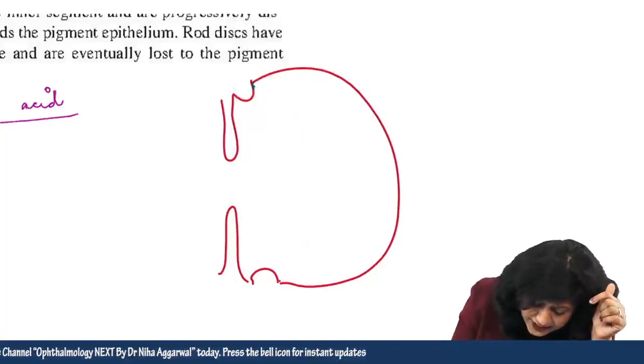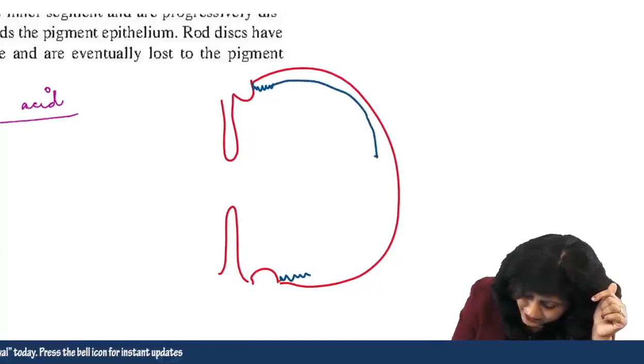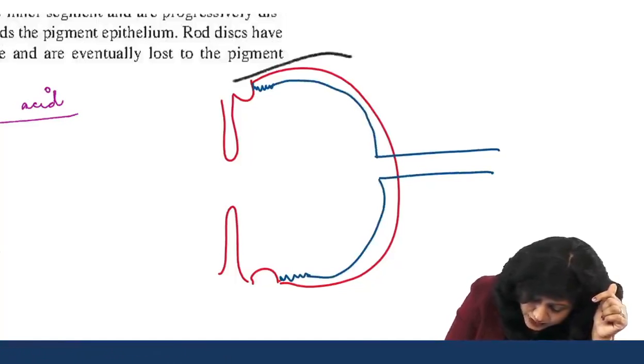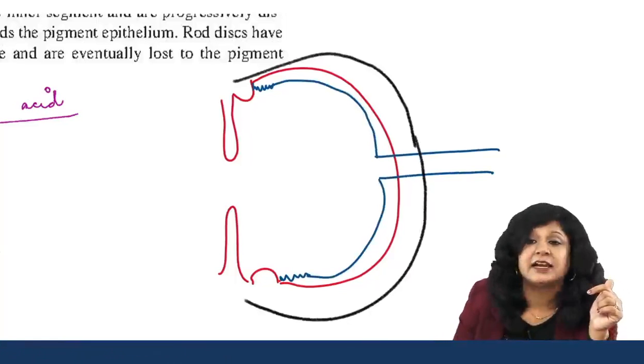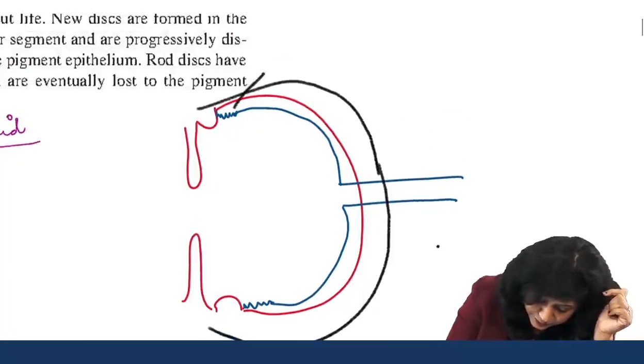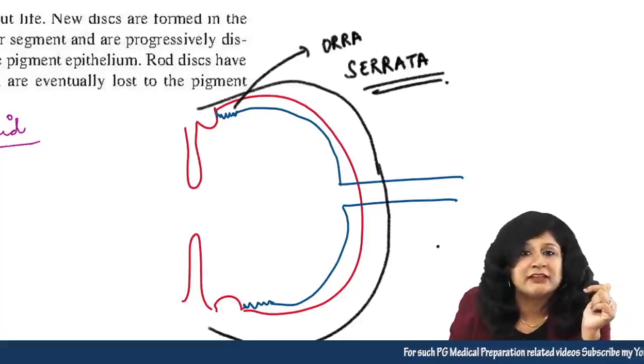The retina starts with a serrated margin like this, and then it goes back and continues in the form of the optic nerve. And outer to it we have the sclera. So at this area, the ora serrata, is the uneven margin from where the retina starts.